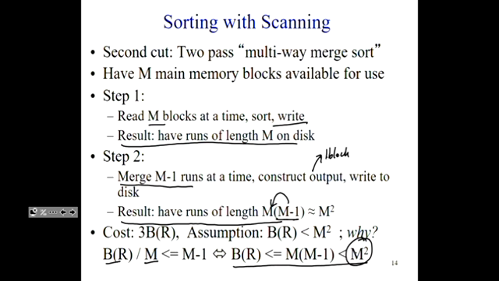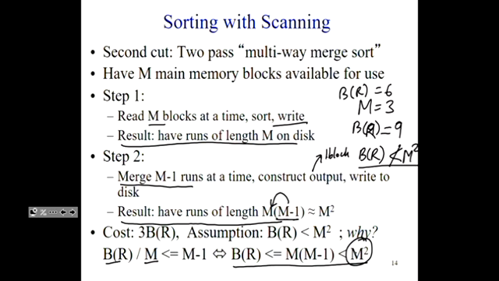However, in our example, m was 3, B of r was 9. So B of r is not less than m square, and therefore we weren't able to use 2-pass multi-way merge sort for our example. But on the other hand, when B of r was 6, then we were in good shape, right?